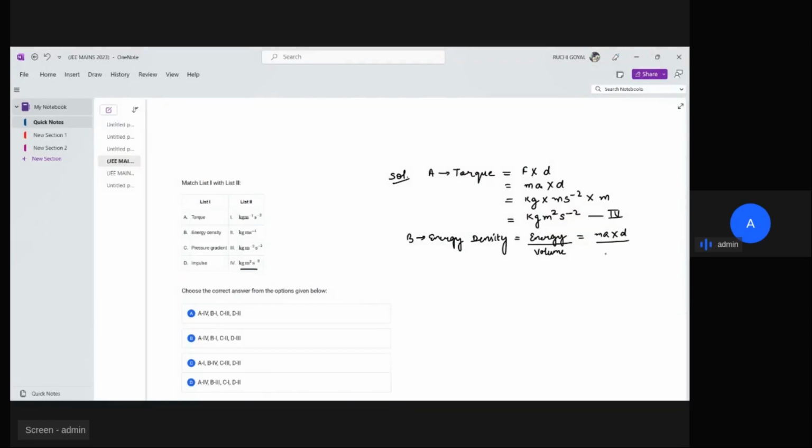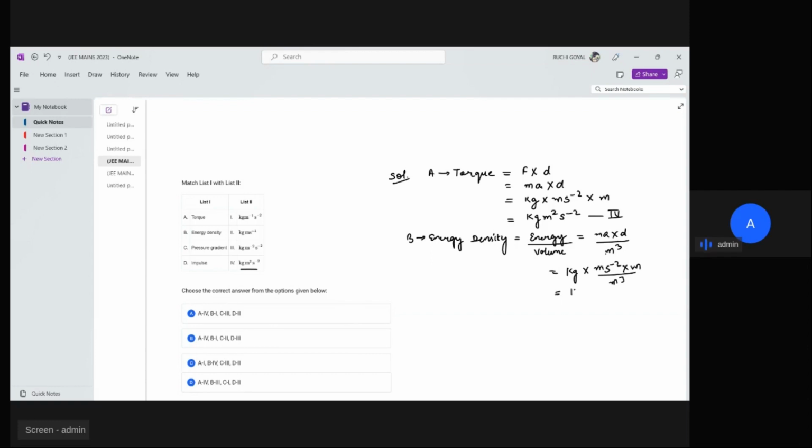Volume is meter cube. So what will be the value of energy density? It will be kg into meter per second square into meter, divided by meter cube.